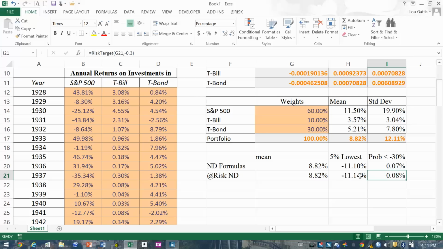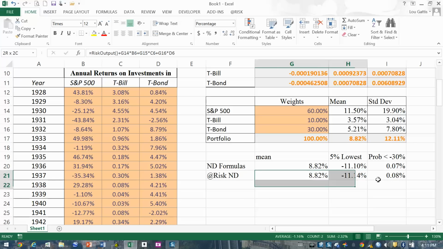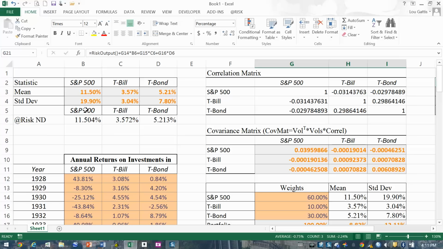Now you'll get slightly different numbers because you're going to have a slightly different group of random variables. And on the extreme values like this one, it could be as different as say 0.05 to 0.09 or so. This one should be pretty close. So that's how to use @Risk to simulate a portfolio of 3 normally distributed variables.